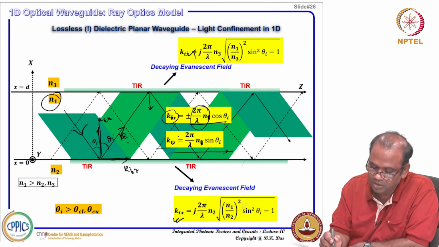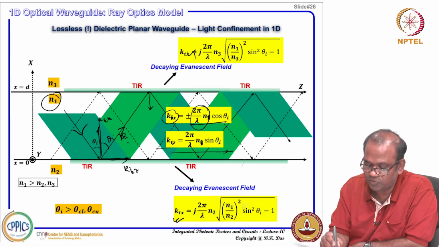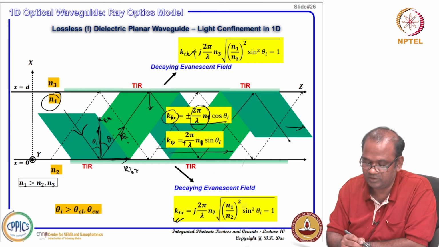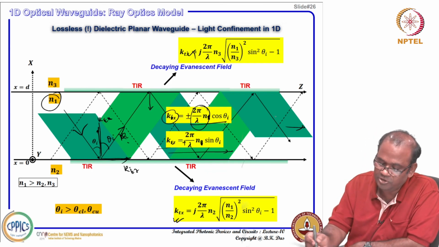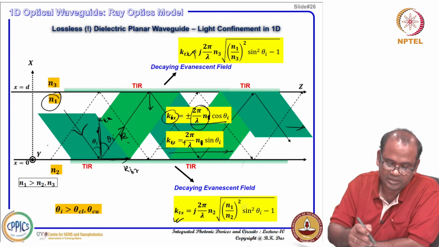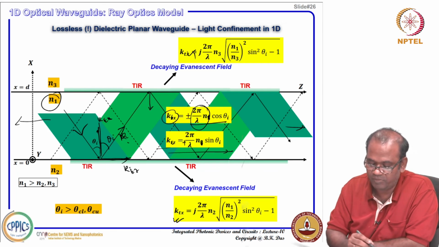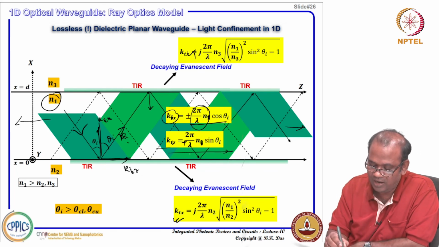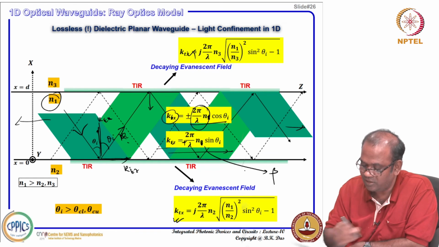In that case you get this one, which will have only a positive sign. That means it will be propagating in the forward direction. Obviously, you can launch from this side and total internal reflection can happen, so in the negative direction it will also be propagating. In that case KTZ will be this, and sometimes we call it beta.